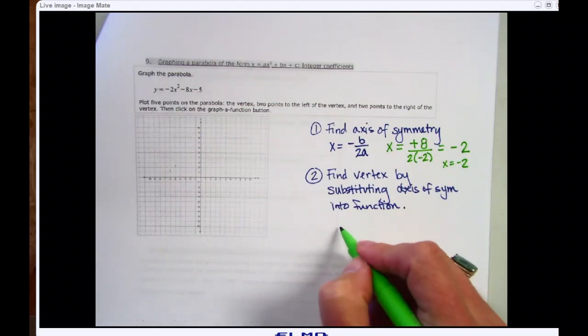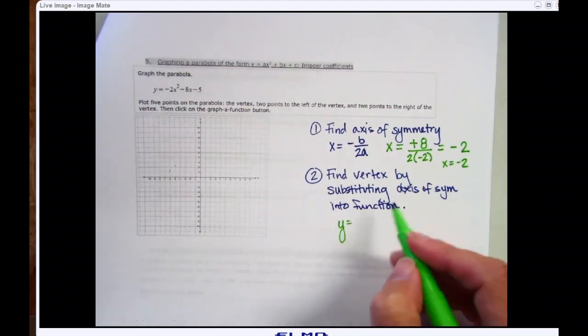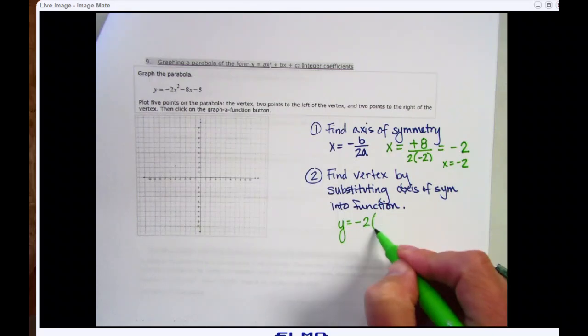If we do y equals, I've got a negative 2.